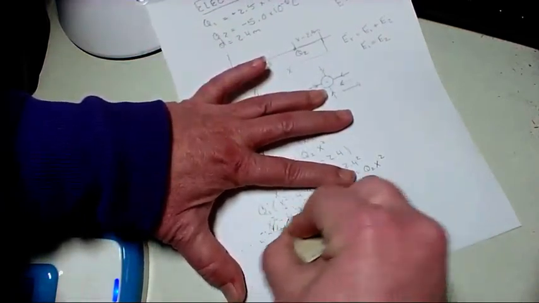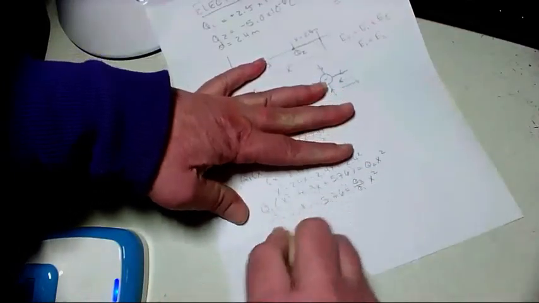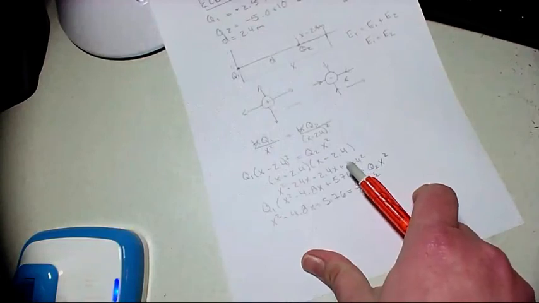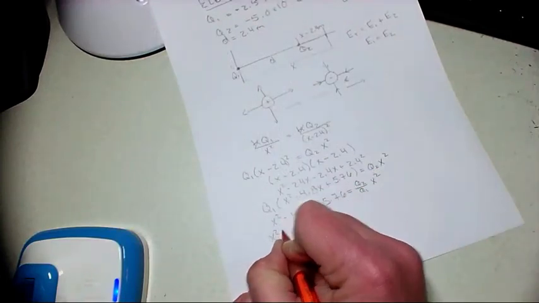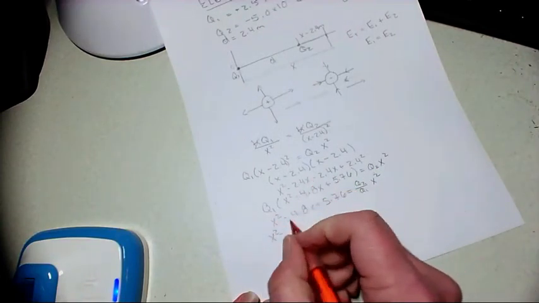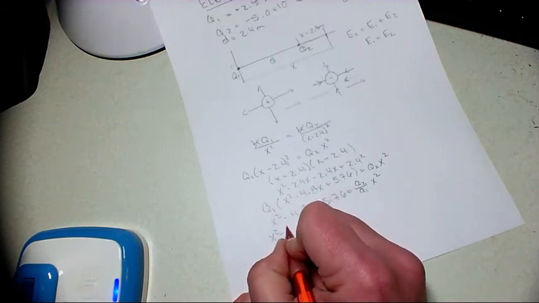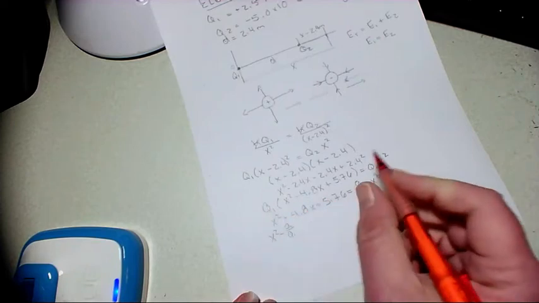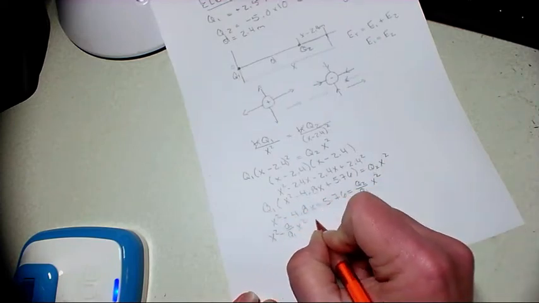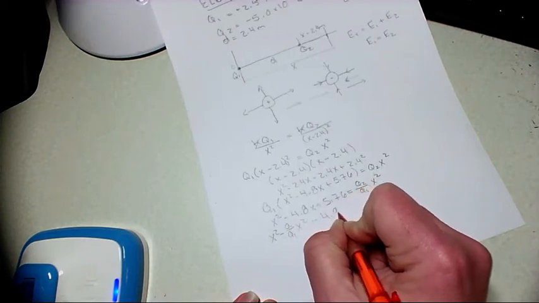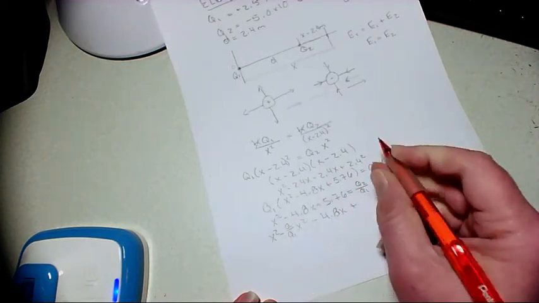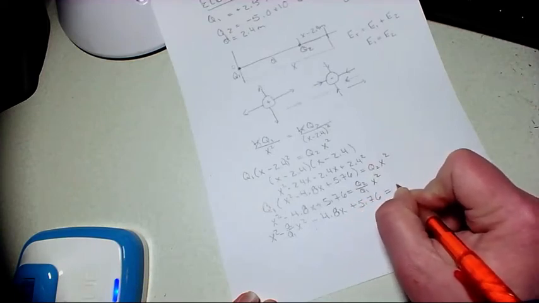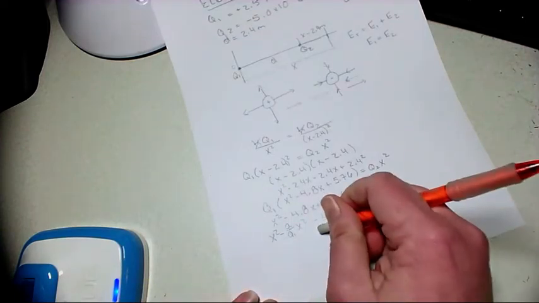So you can see. There we go. So I am going to subtract this on this side, and I want to group them. q2 over q1 times x squared minus 4.8x plus 5.76 equals 0. We're getting set up for the quadratic equation.